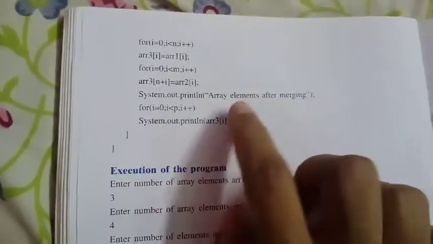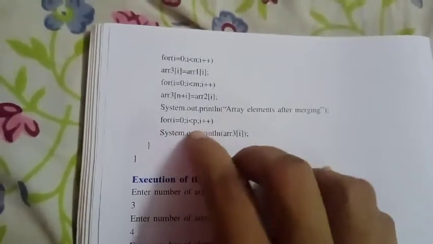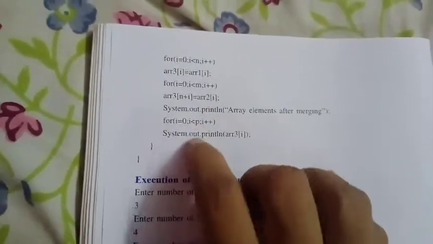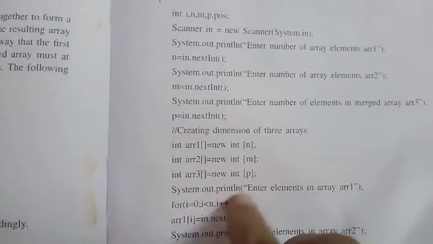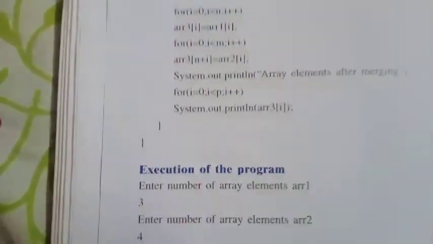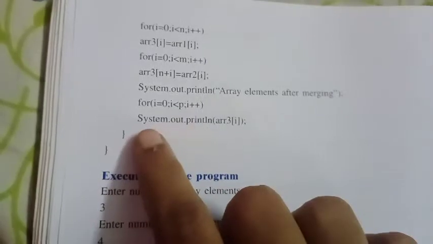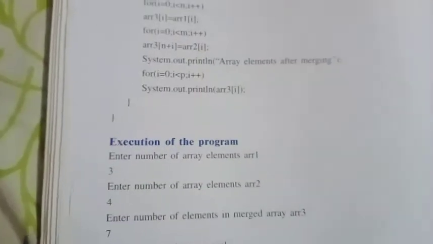System next, the array elements after merging you are printing. For i is equal to 0, i less than p. See, this p is what we asked at first, how many elements are in the merged array. The number of elements in the merged array we have stored in p, so till that number the array will be displayed.